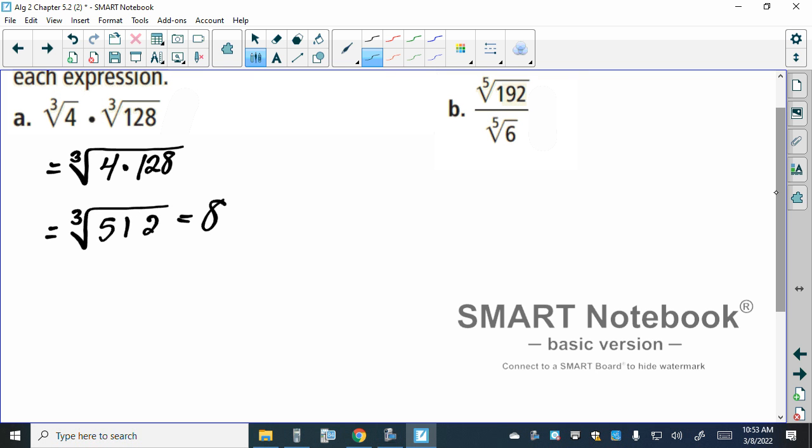Let's look at B. Well, with B, we do know that 192 will divide by 6 evenly. So what we can do is rewrite this as the fifth root of 192 divided by 6. And 192 divided by 6 works out to be 32.